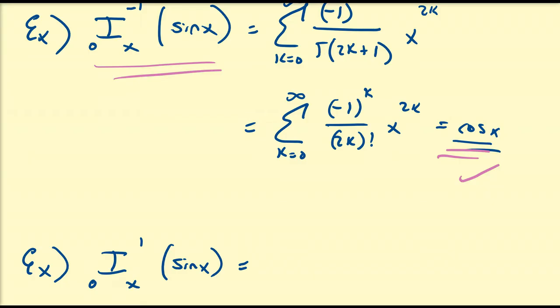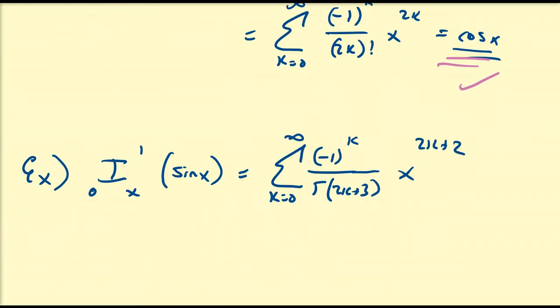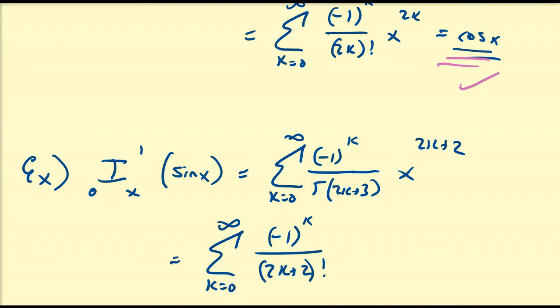So this is equal to the sum from k equals 0 to infinity of (-1)^k over Gamma, now adding 1, so 2k+3, times x^(2k+2). Gamma(2k+3) is the same as what in terms of factorials? So this is the sum of (-1)^k, and you should try to guess what this answer should come out to. What do we actually want this answer to be? It's going to be (2k+2)! times x^(2k+2).